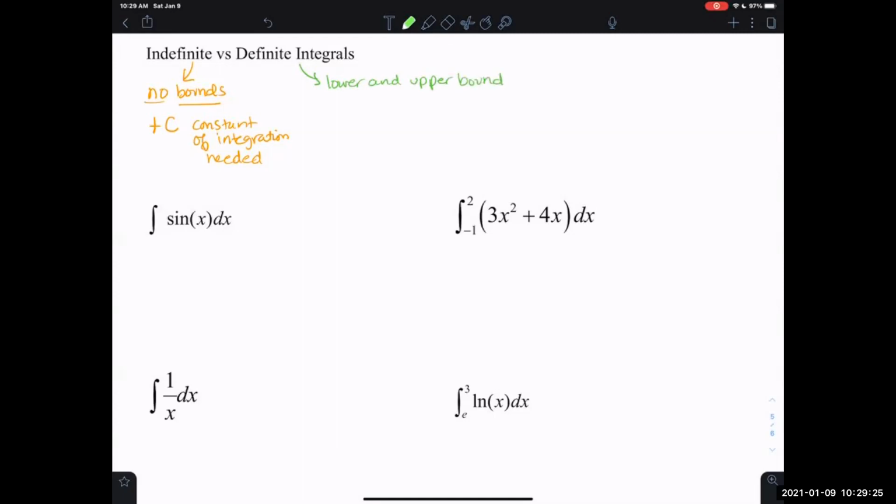And this is where you're going to be using your fundamental theorem, part 2. Right?